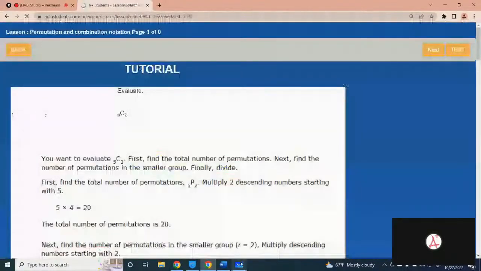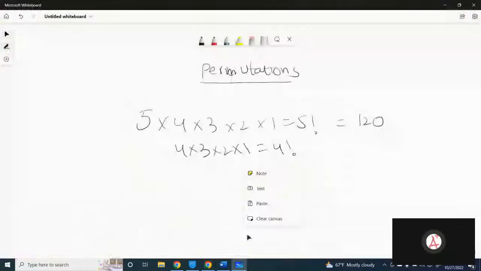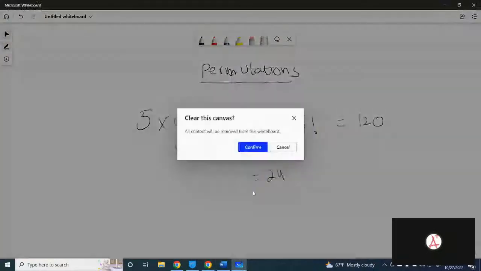Let me write down the lesson name. Permutation and combination. So first we are going to see what the permutations and the combinations are.